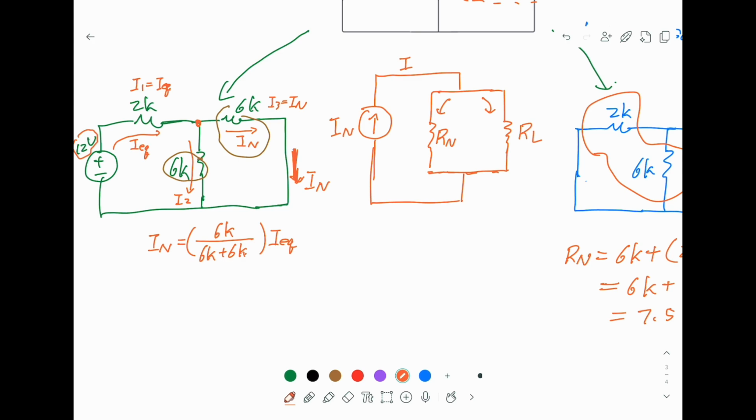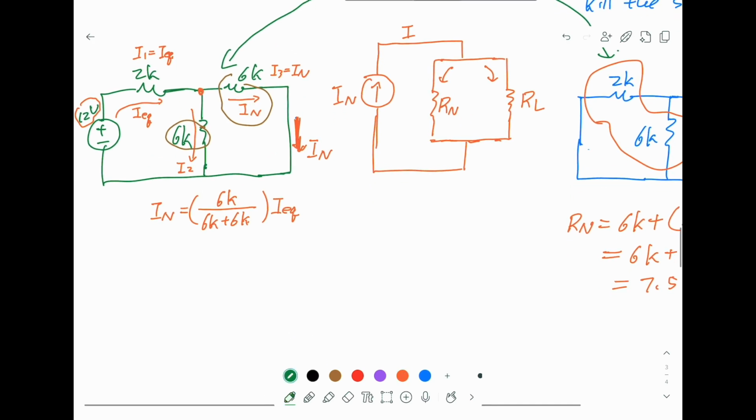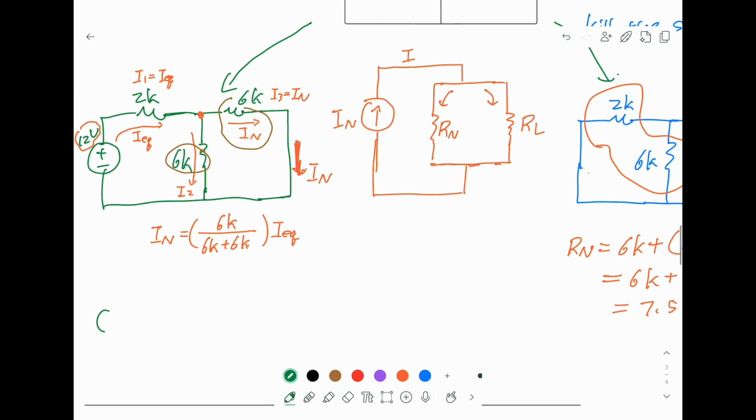Now the next question is, how can we find the total equivalent? If you find the total equivalent, you can redraw your circuit again. Can you see this circuit here? If we redraw it in this way, this is your 2K, and then it splits.